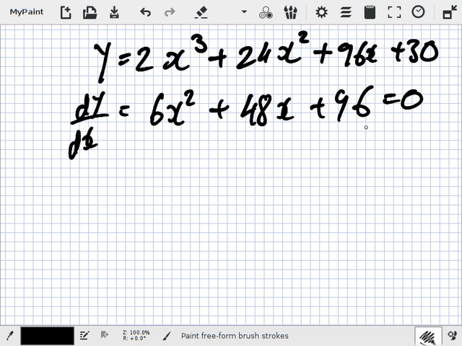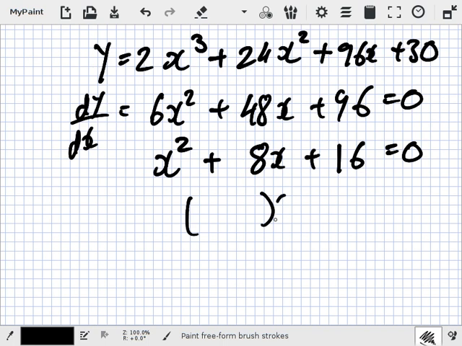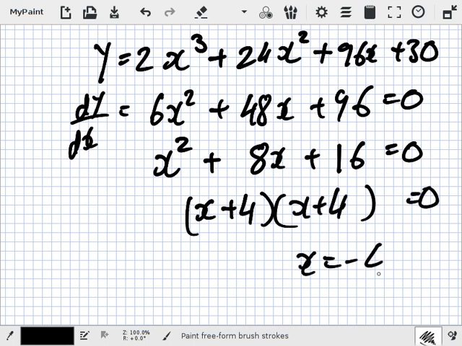I think I can divide by 6, so that will be x squared plus 8x plus 16. This has two solutions. Or this one actually has one solution, doesn't it? So you get x equals -4.